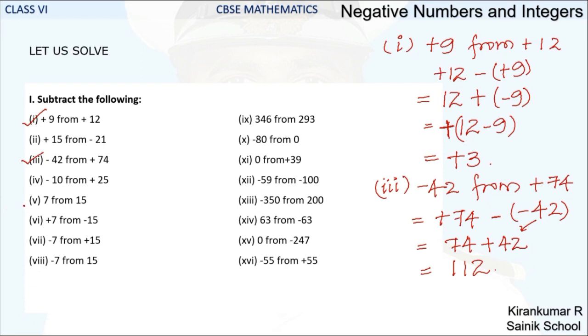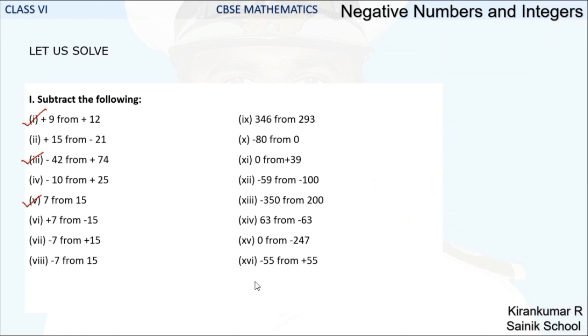Let me solve the fifth one now. In the fifth one, we need to subtract 7 from +15. So it should be written as 15 minus 7.